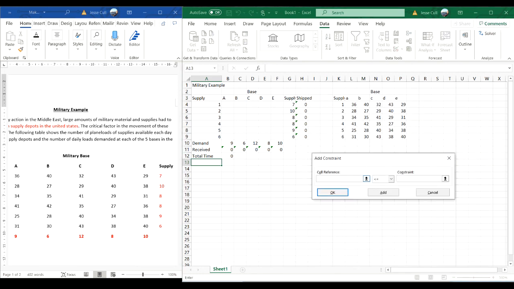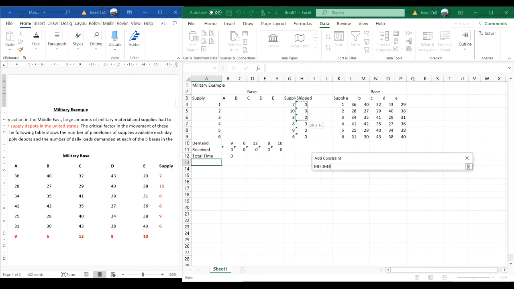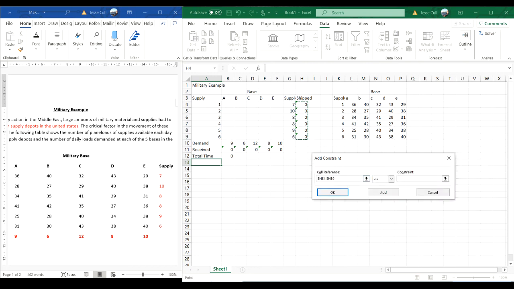constraints. The first one, the total shipped must be less than or equal to the total available. If we ship the total available, if we ship 45, we're going to send too many.